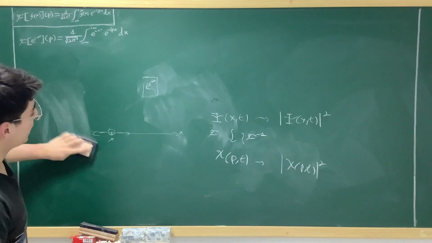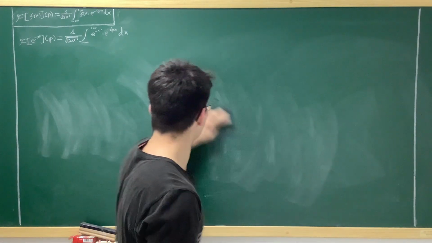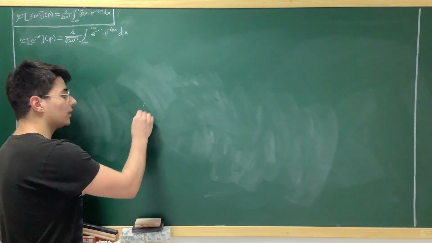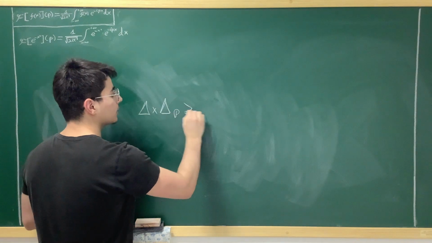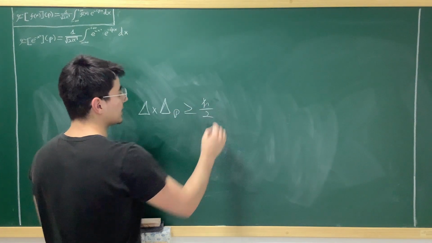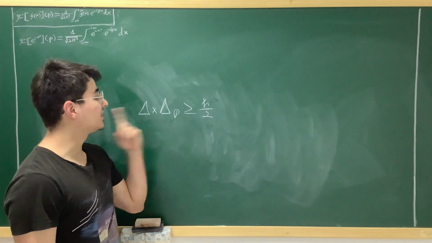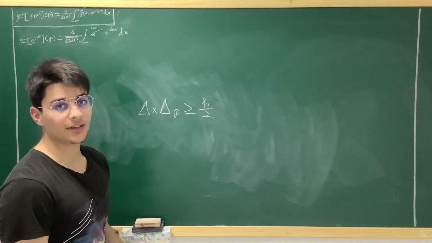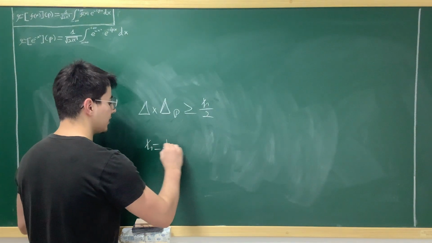So what a minimum wave packet does is related to the well-known Heisenberg's uncertainty principle, which is given by this expression: the uncertainty in x times the uncertainty in the momentum is greater than or equal to Planck's constant over 2 pi over 2, as h bar is just h over 2 pi.